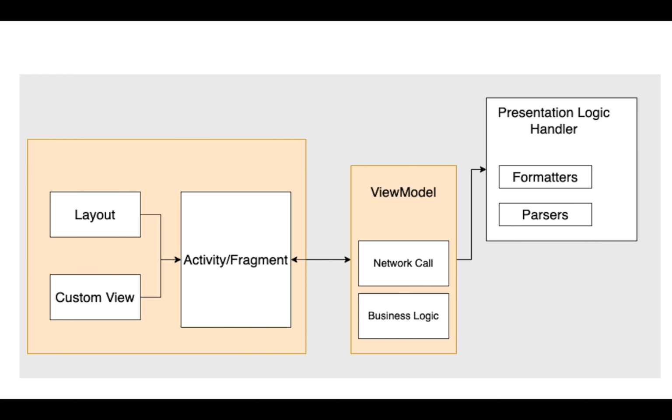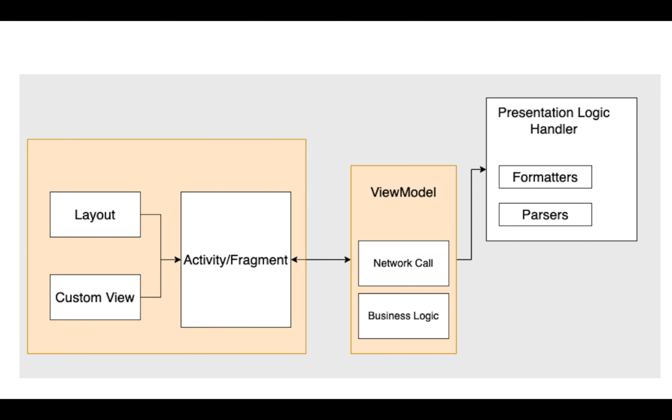But still the network call and business logic were there in the ViewModel. Again, several times you will find the same network call can be reused, or the same network call can be triggered from different scenarios.